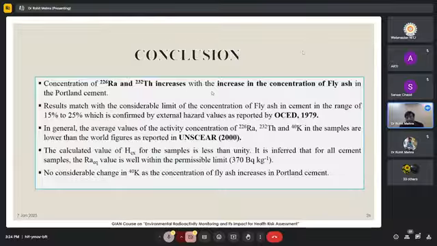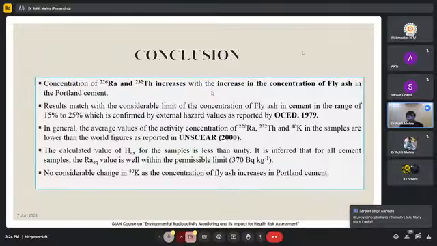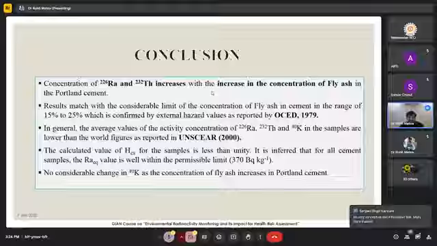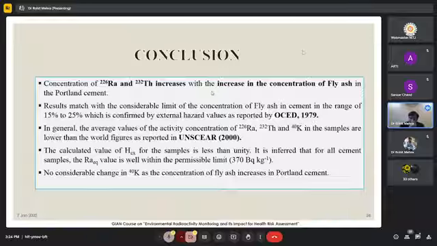So it is a cause of concern how much fly ash we should mix in the cement. Generally, from our studies, we conclude that the maximum ceiling should be 40, or rather on the lesser side. If you increase it beyond 40% by weight, the internal hazard index plays a very important role.